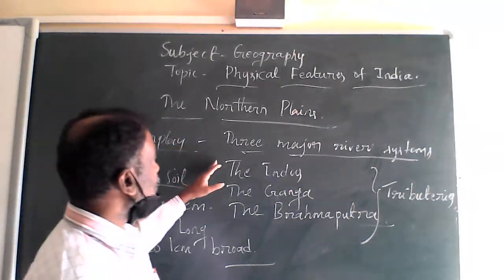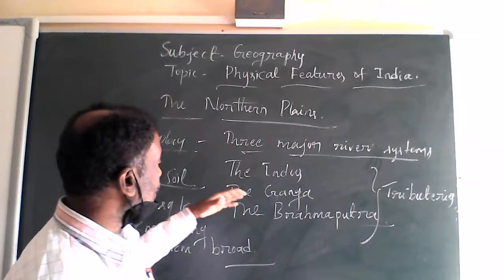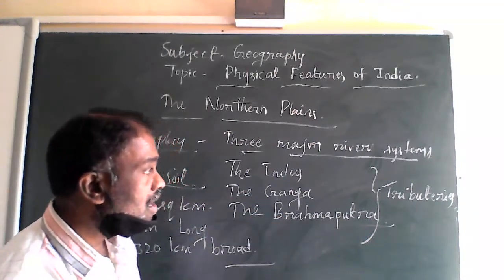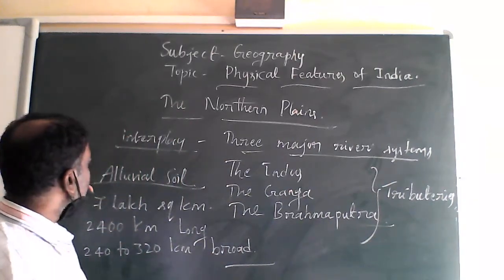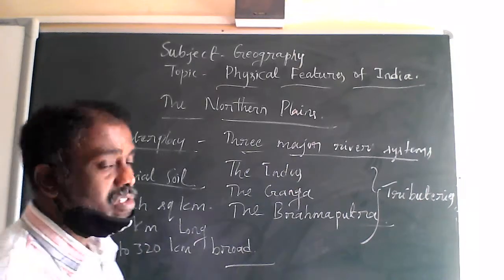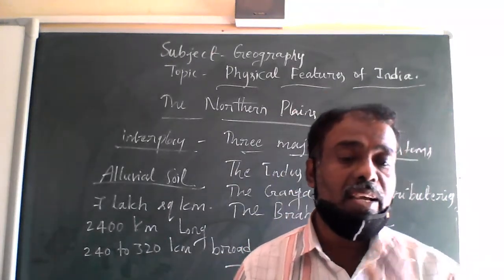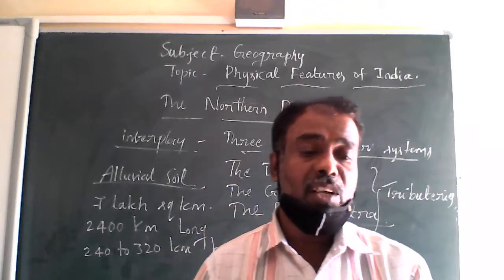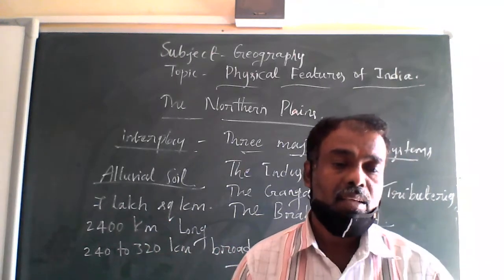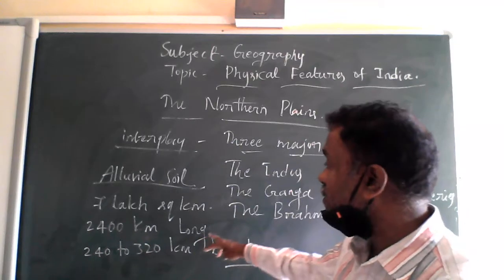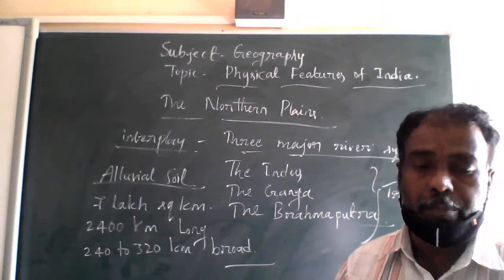The northern plain has been formed by the interplay of the river Indus, the river Ganga and the river Brahmaputra with their tributaries. It is formed of alluvial soil, the deposition of alluvium in a vast basin lying at the foothills of the Himalayas over millions of years, forming this fertile plain, 2400 kilometers long and 240 to 320 kilometers broad.